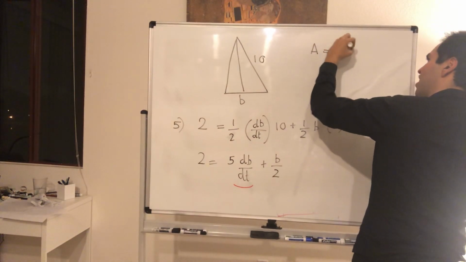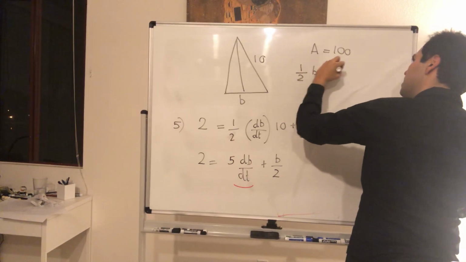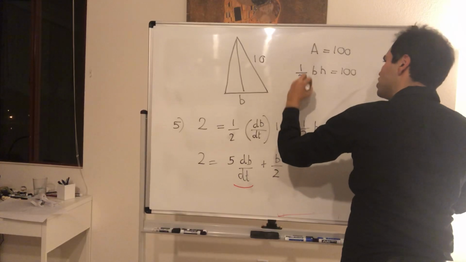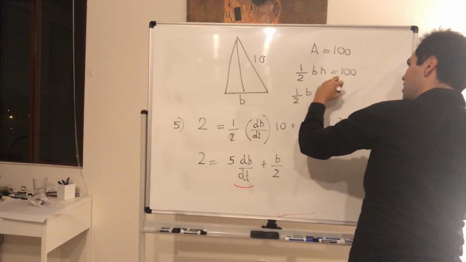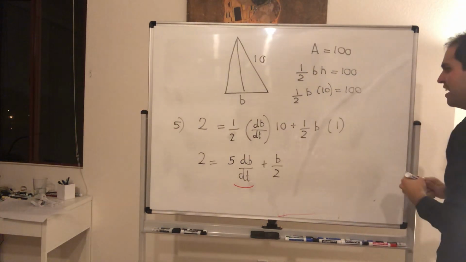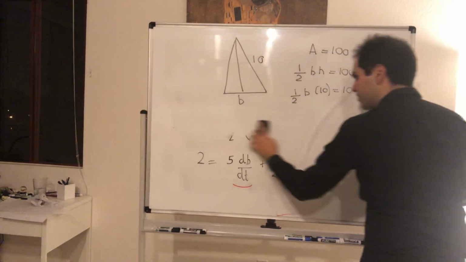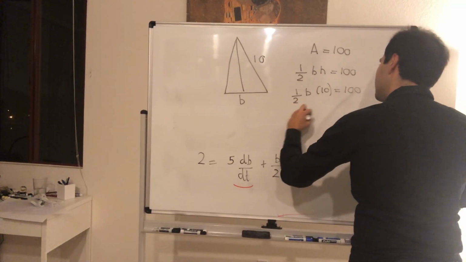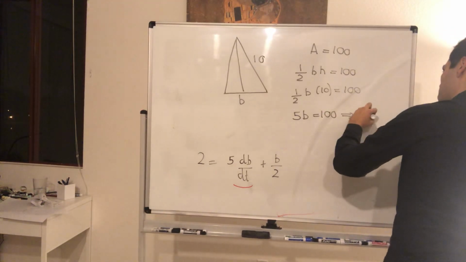So 1/2 b h is 100. But now h is 10. So 1/2 b times 10 is 100. What we get is 5b equals 100. So b is 20.